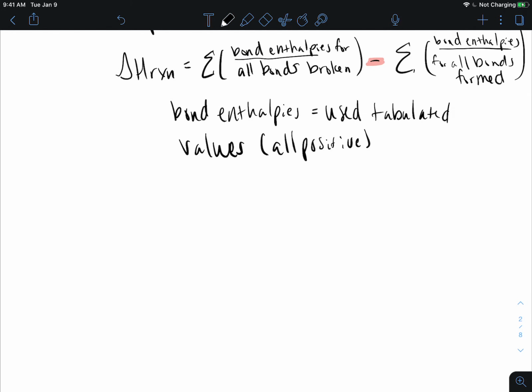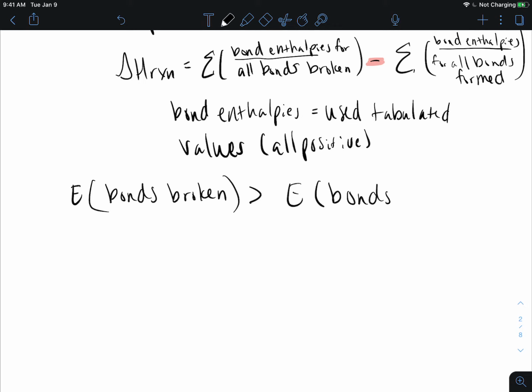Now, when we have a reaction, if the energy to break bonds is greater than the energy of the bonds formed, we are going to have an endothermic process.